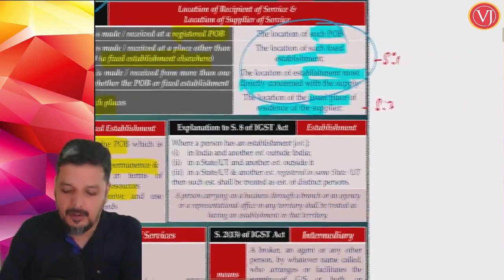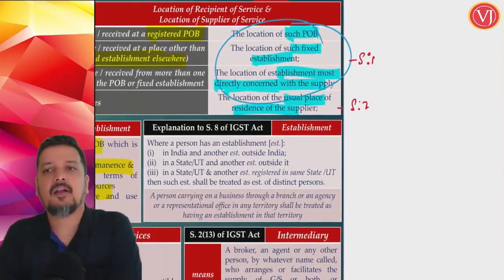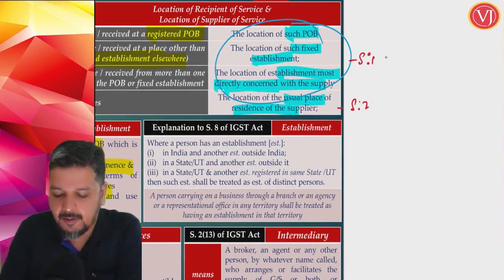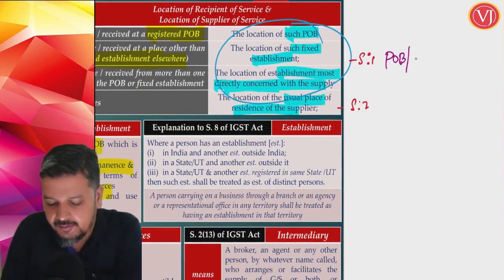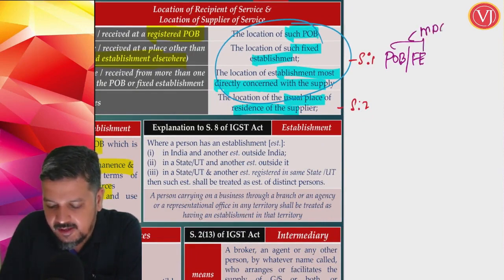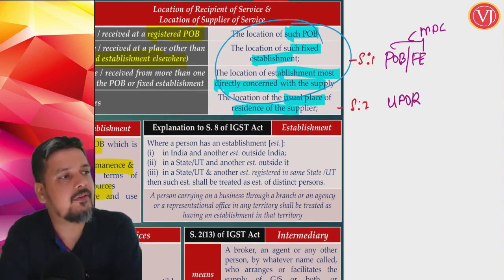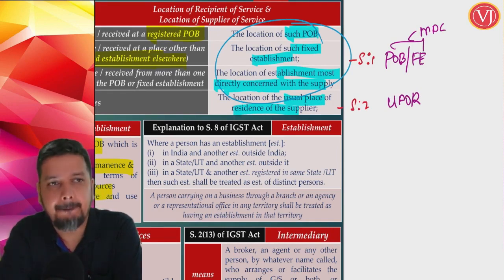So step number 1 is if you have a place of business or fixed establishment, it is that place of business or fixed establishment which is most directly concerned. If you don't have that, it is the usual place of residence. Usual place of residence. Are you clear with this understanding?